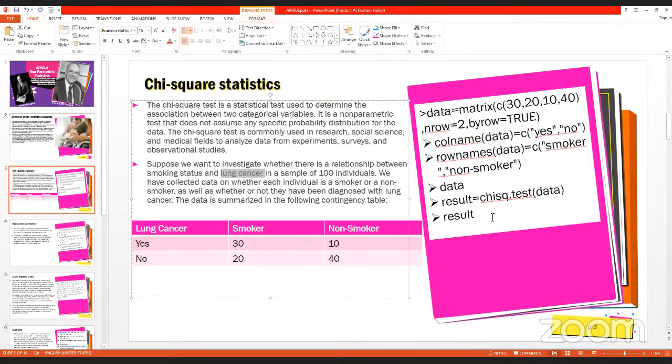Now open your RStudio and start writing this. Please share your result and tell me whether there is an association between these two variables or not.